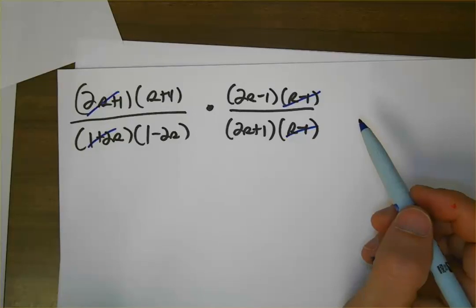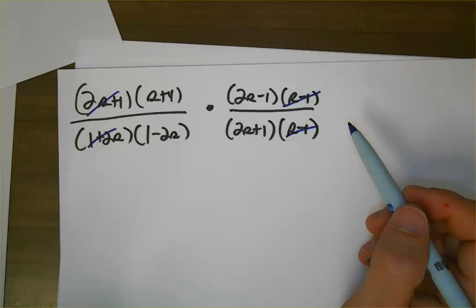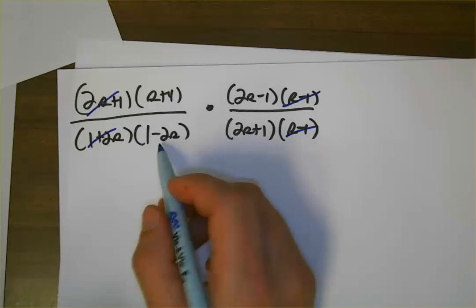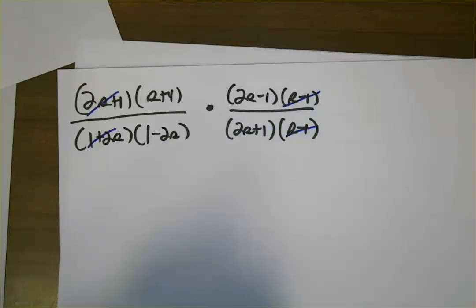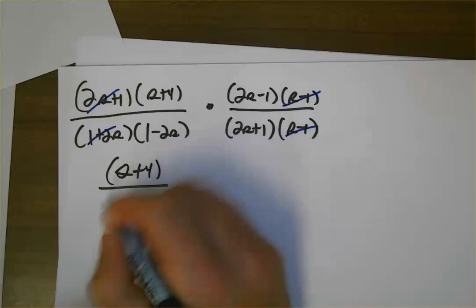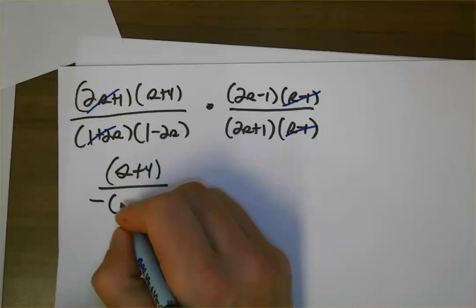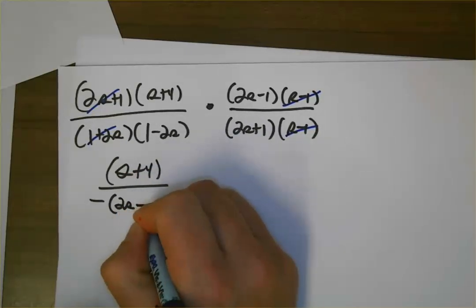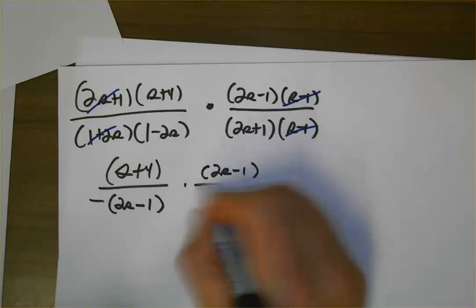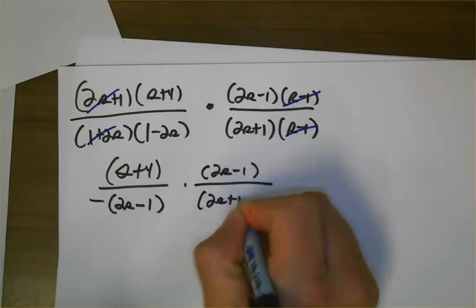This is going to be kind of weird. If you look at this guy right here, these almost cancel out. Check this out. I'm going to keep s plus 4 upstairs. This guy I'm going to factor out a negative 1, so that becomes 2s minus 1, and there's the 2s minus 1 there over 2s plus 1.